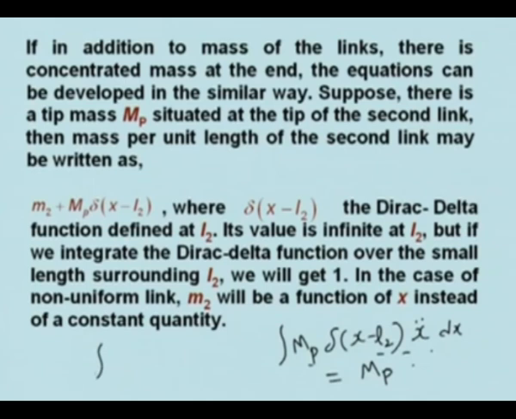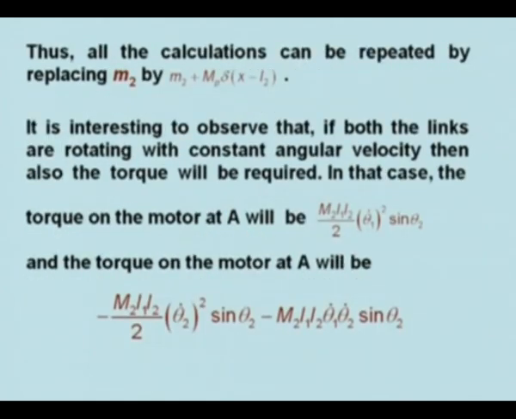That means if you have a function f(x) which is multiplied by delta x minus L2, this is nothing but the value of the function at L2. And in the case of a non-uniform link, m2 will be a function of x instead of a constant quantity. Thus all the calculations can be repeated by replacing m2 by m2 plus mp delta x minus L2.